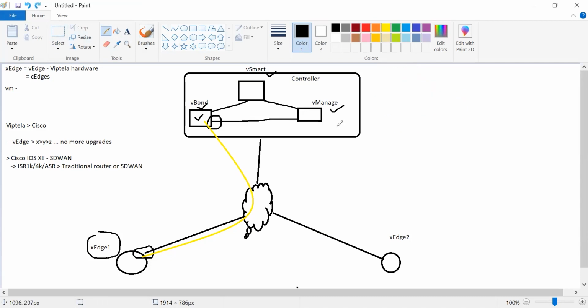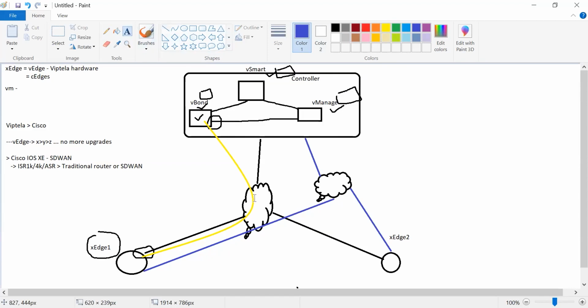As I said, for redundancy we can have multiple vBonds, multiple vSmarts, and multiple vManages. There can be multiple WAN links as well. For example, our controller has 2 links, and this device also has 2 links.